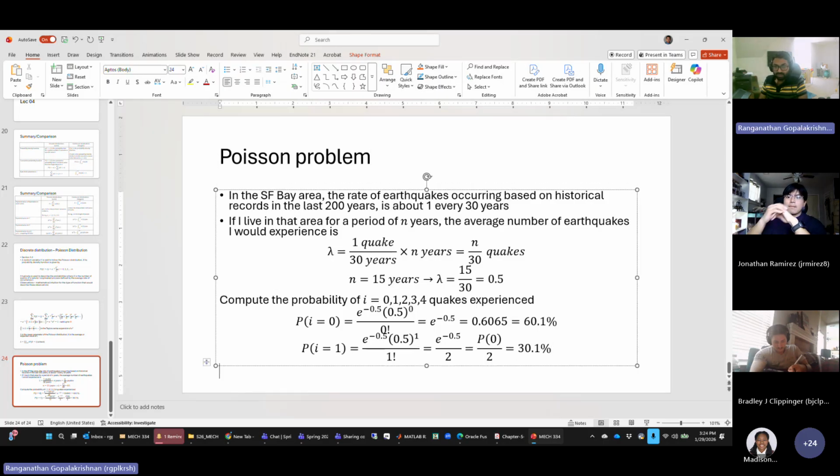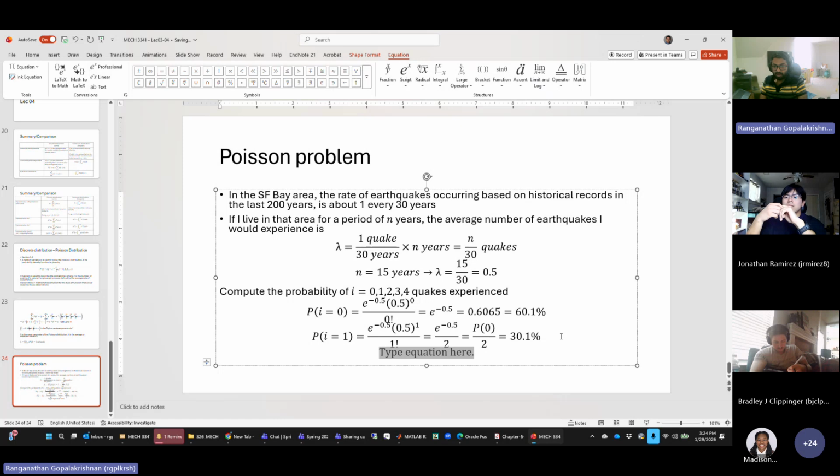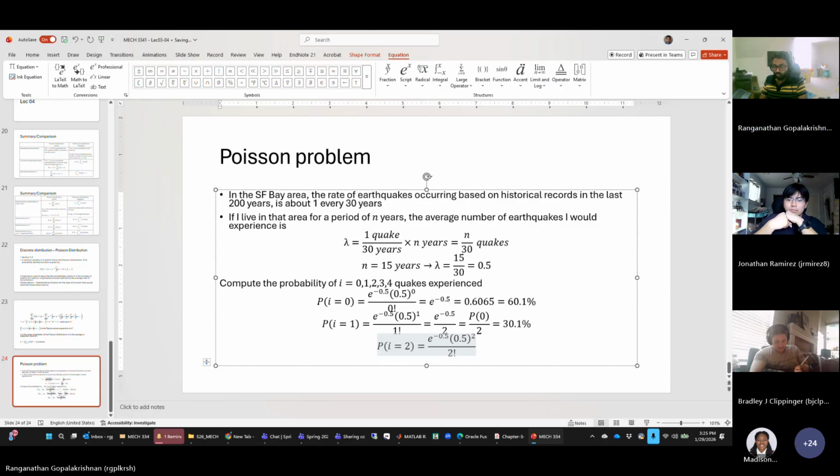Continue computing. Probability of i equals 2, which is e power minus 0.5 times 0.5 squared divided by 2 factorial. 0.5 squared is like saying the probability of 0 divided by 8.